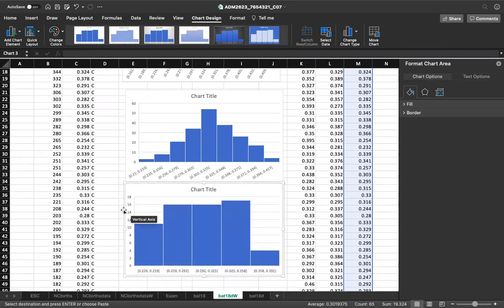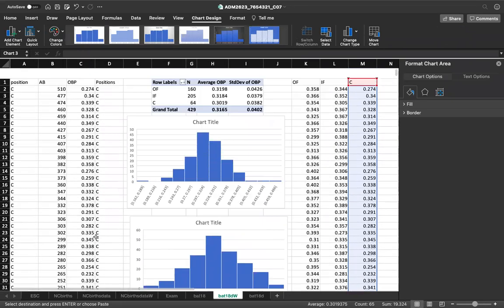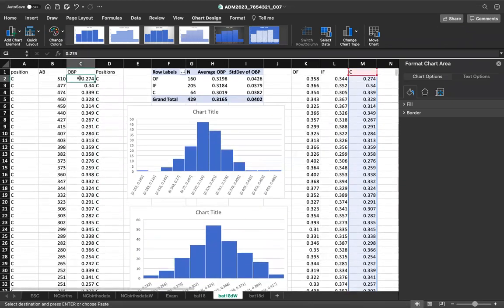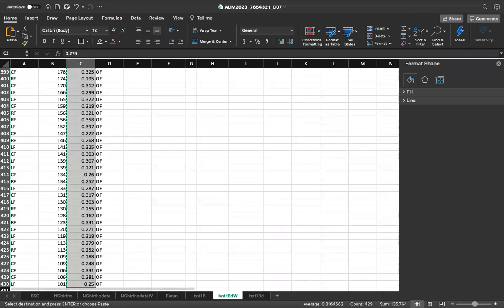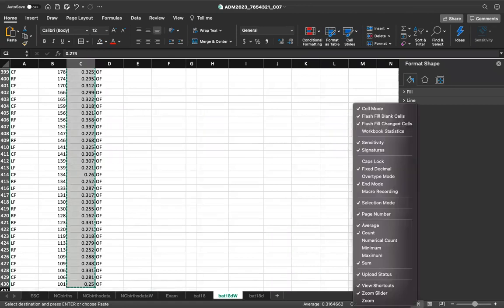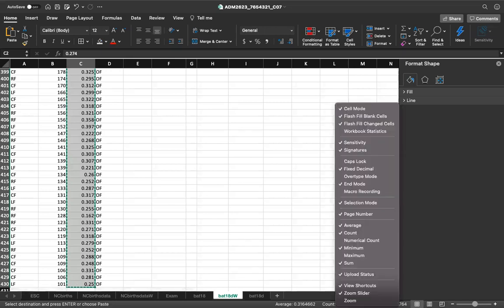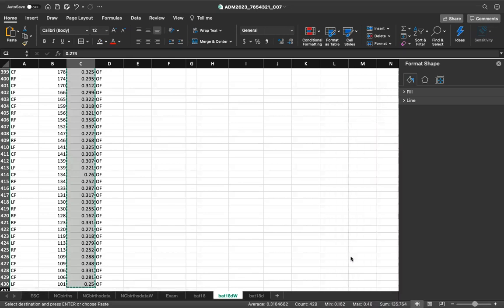So we have a far more robust way of creating it. So let's look at what is the range of these OBP values. So right click and check the minimum and the maximum. So they vary from 0.162 to 0.46.